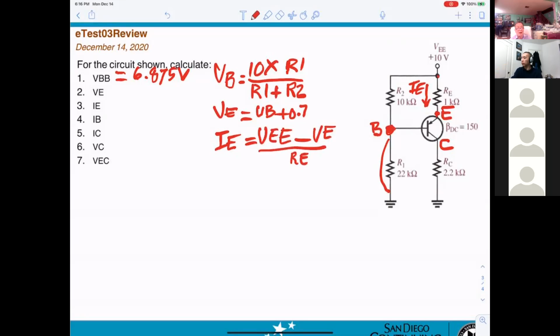That is the harder part. After you get the IE, then it's easier. IB equals IE over 1 plus beta, and IC equals IB times beta.